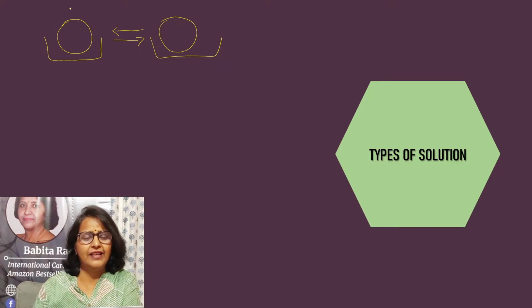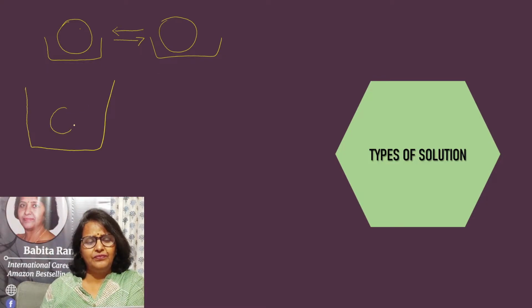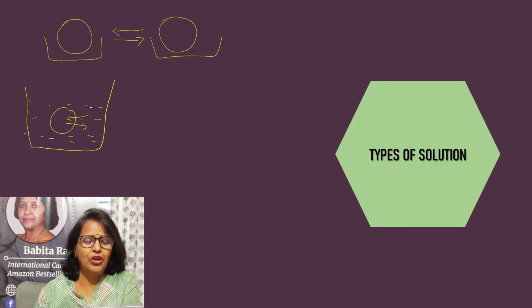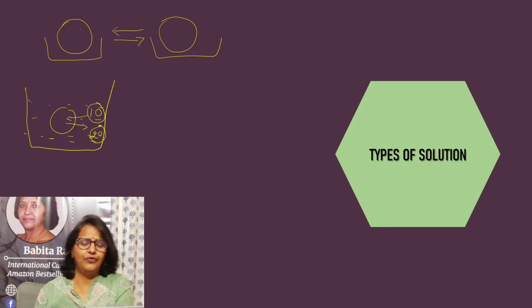Let me draw once again, because that is a very big cell. So suppose this is a cell, this is filled with some liquid and water is coming out of this, water is going into this. Suppose 10 molecules of water go inside the cell, but 20 molecules of water have come out of the cell.